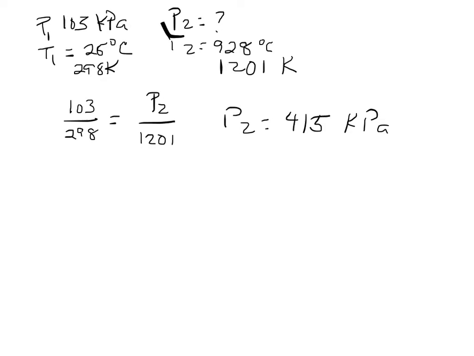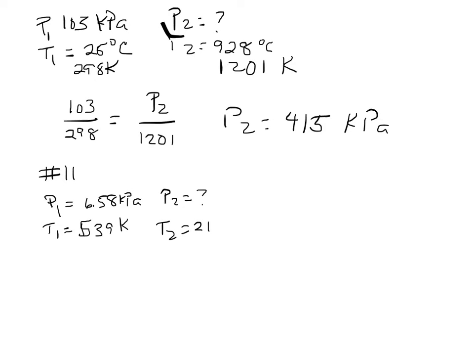Why don't you try practice problem number 11. A sample of nitrogen gas has a pressure, P1, equal to 6.58 kilopascals at 539 K, so T1 is 539 K. If the volume doesn't change, what will be the pressure P2, which we don't know, at 211 K, so T2 is 211 K. If you look, our pressure should be less.